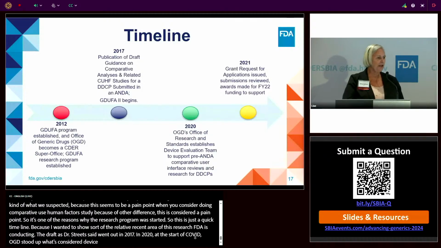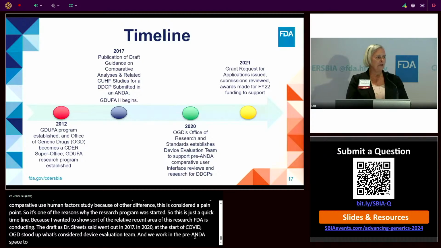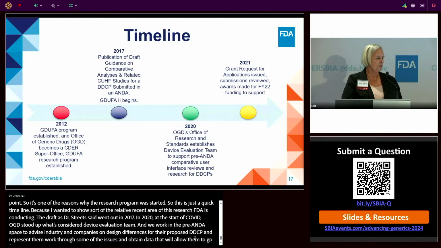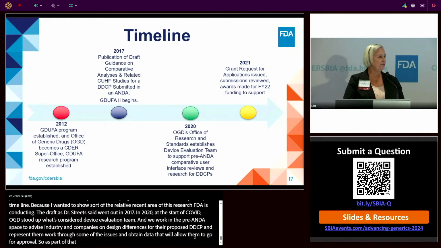And we work in the pre-ANDA space to advise industry and companies on design differences for their proposed DDCP and help them work through some of the issues and how to obtain data that will allow them to then go on for approval. So as part of that, in 2021, the requests went out for proposals to study the comparative use human factors arena.